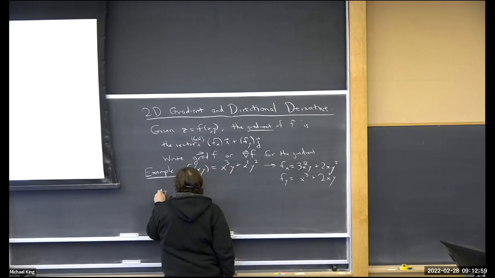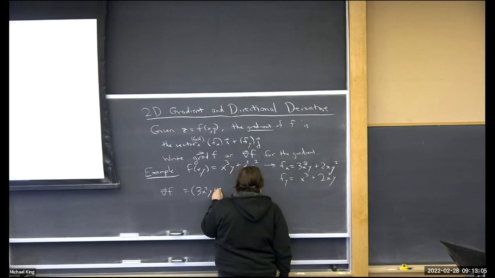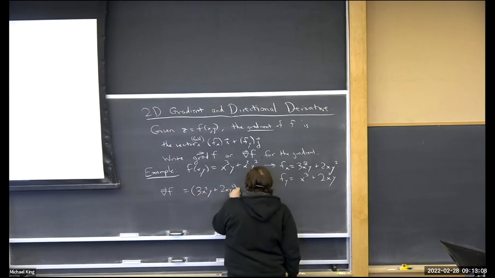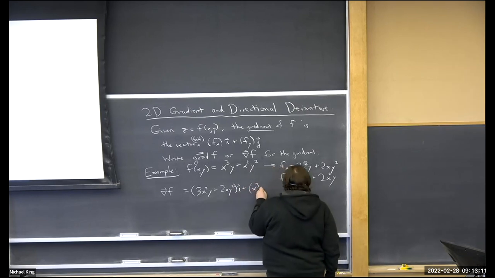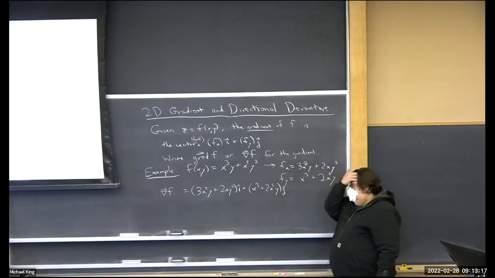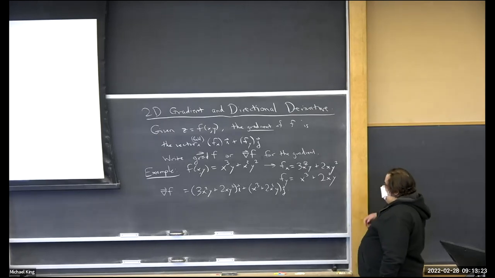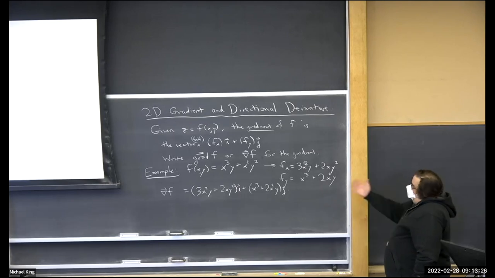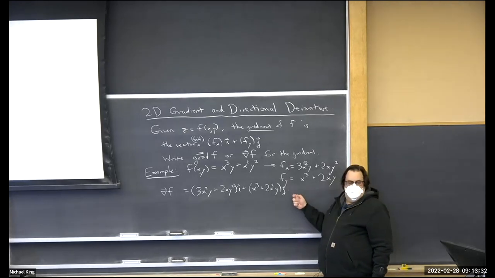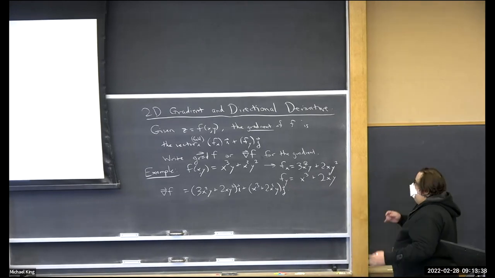So let me just write the generic gradient down. It looks kind of complicated, but at any point, say 1, 2, if we wanted to pick a specific point, you're supposed to think of this vector sticking out of that point. And it's going to tell us something about the graph of f at that point, or the way that f is changing at that point.